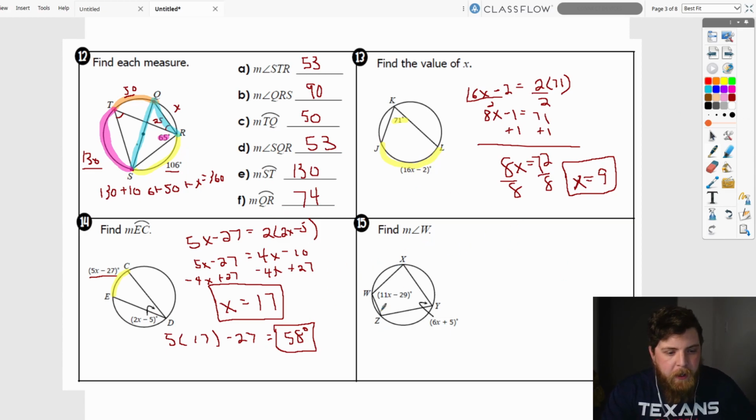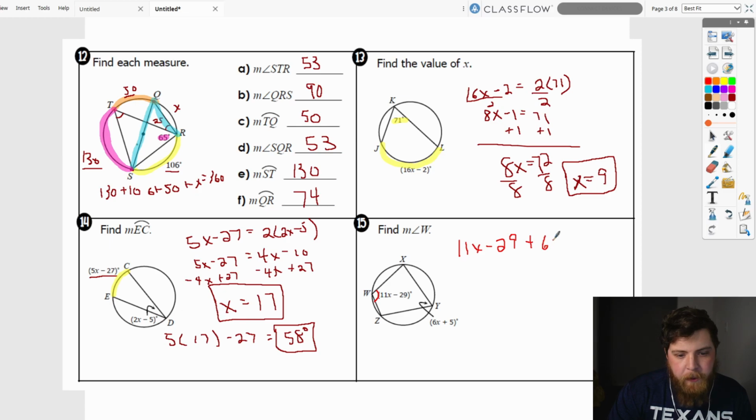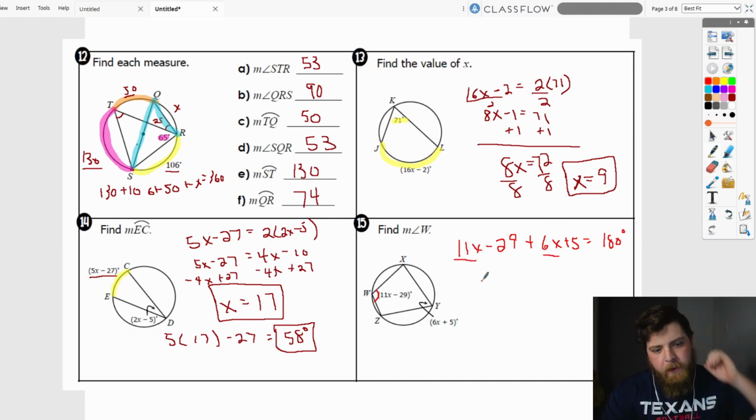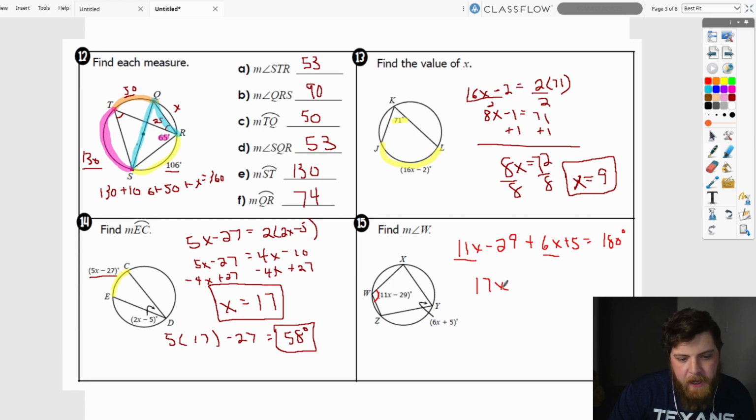And then the final one is looking at the quadrilateral. They tell us this angle measure is 11x minus 29. And this angle measure is 6x plus 5, right? Because they're opposite angles of each other, we know that if we added them, it would have to equal 180 degrees. Okay, so we can combine like terms. 11x plus 6x gives me 17x.